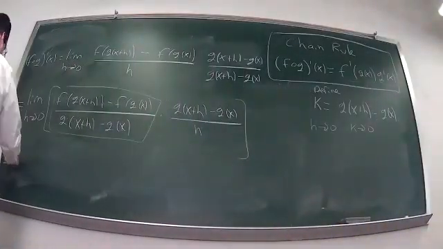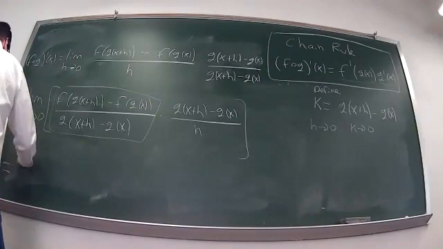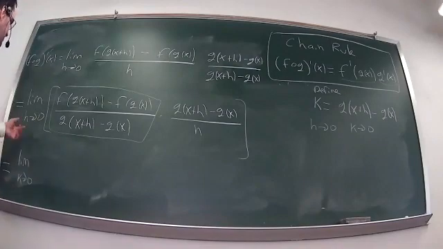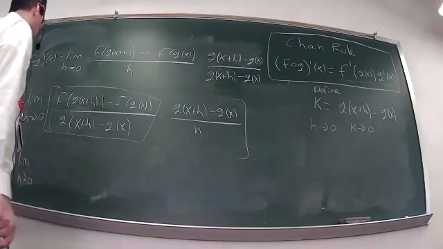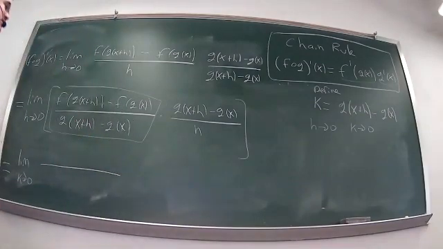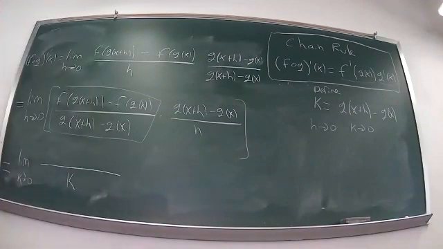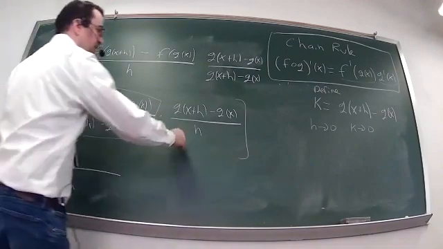And if I try to rewrite this limit right here, I can say limit as k goes to 0, because h going to 0 is the same thing as k going to 0. And what do I get? Well, g of x plus h minus g of x was k, so that's just the denominator. So my logic is I'm breaking this up into two limits, this limit and that limit.